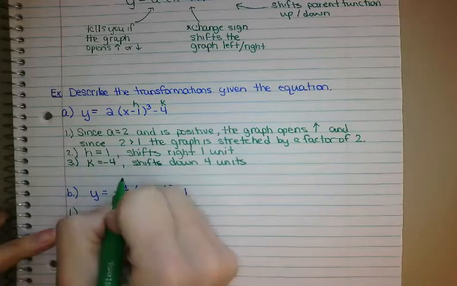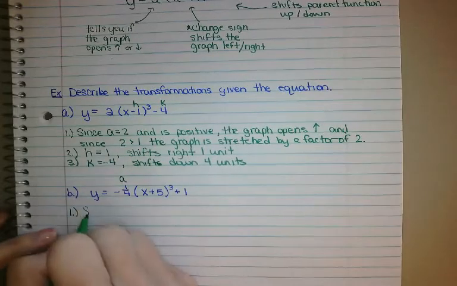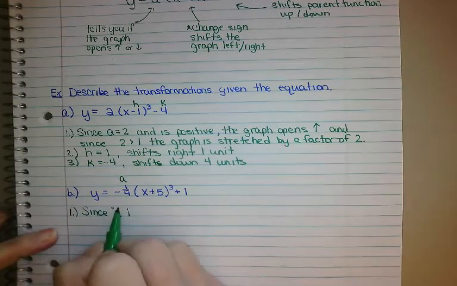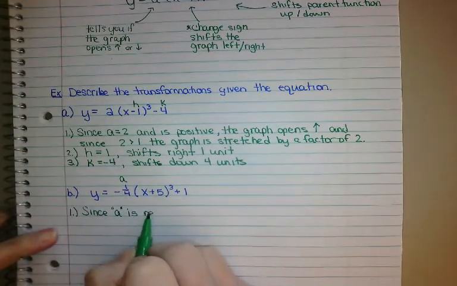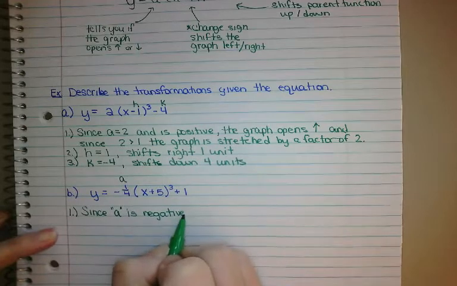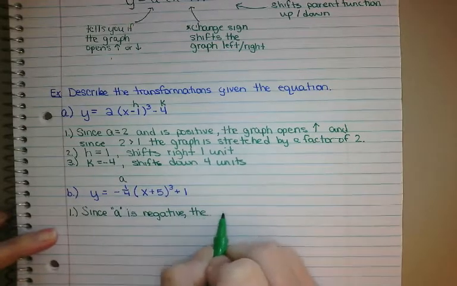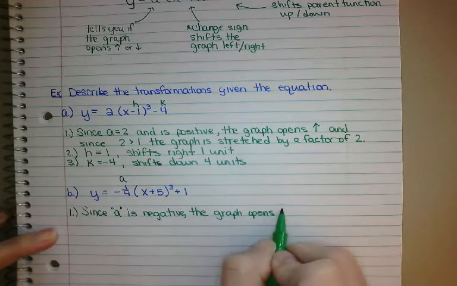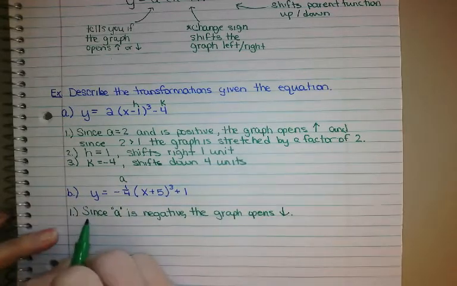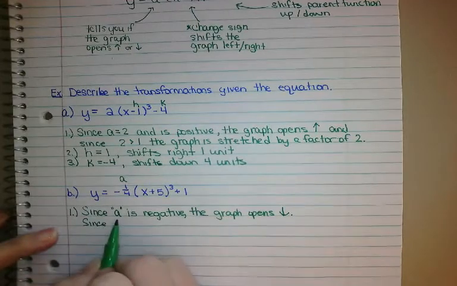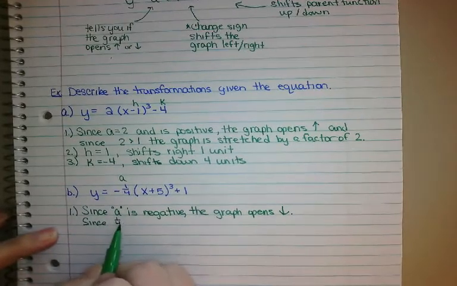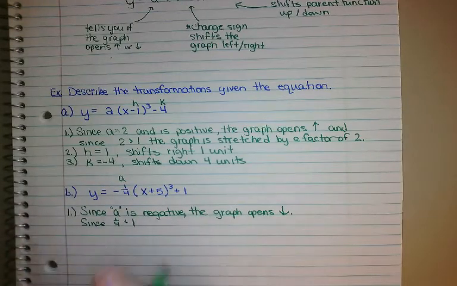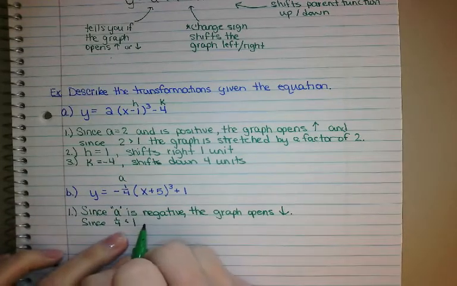So since our a is negative, okay, the graph opens down. Okay, since the 1/4 is less than 1, okay, that means that it is being compressed by a factor of 1/4.